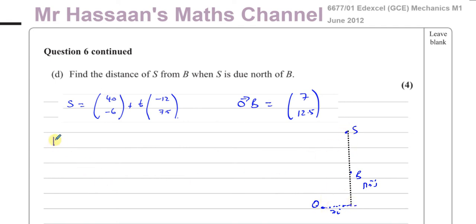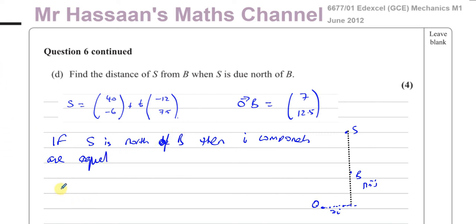So if S is due north of B, meaning exactly north of B, then the I components of the two vectors are equal. Therefore, the I component of the first vector, which is 40 minus 12t, has to be the same as the I component of B, which is 7.